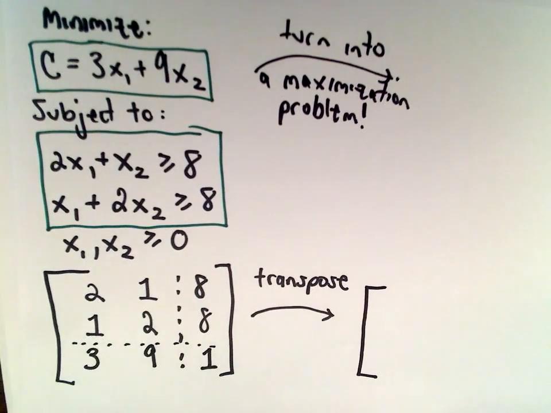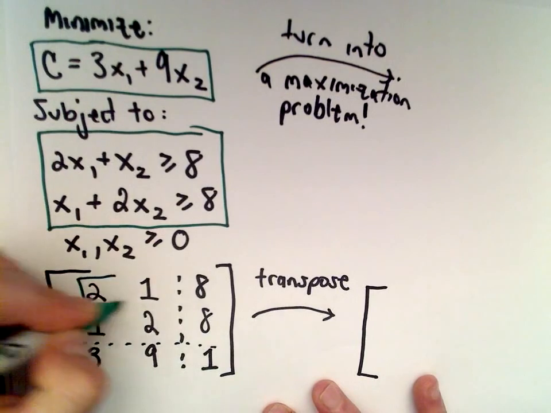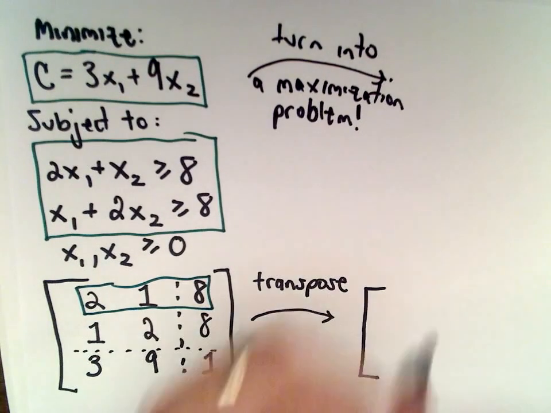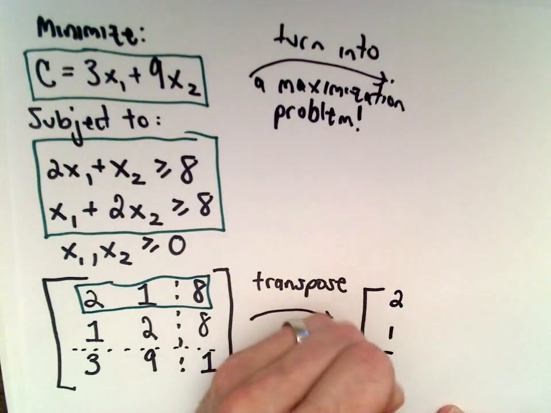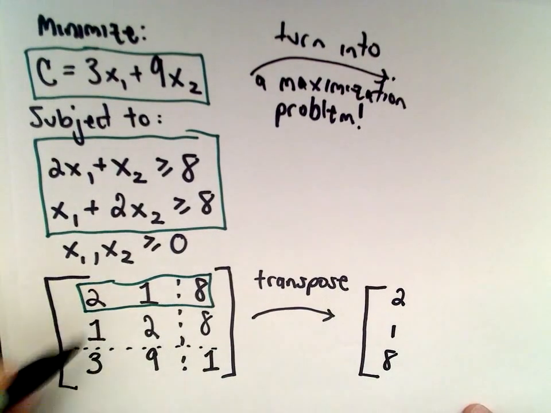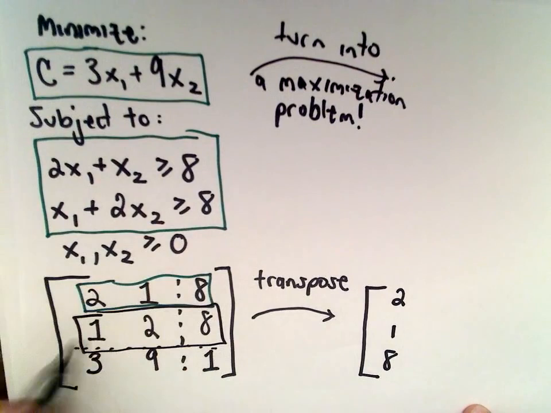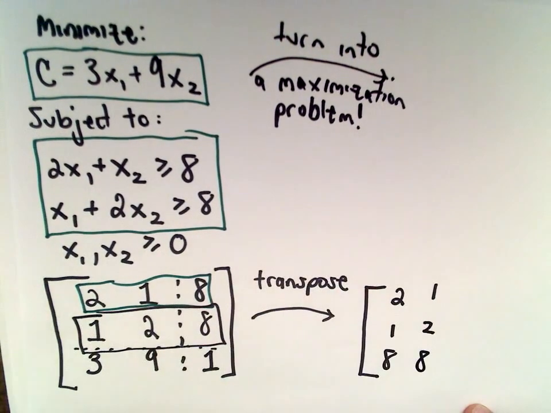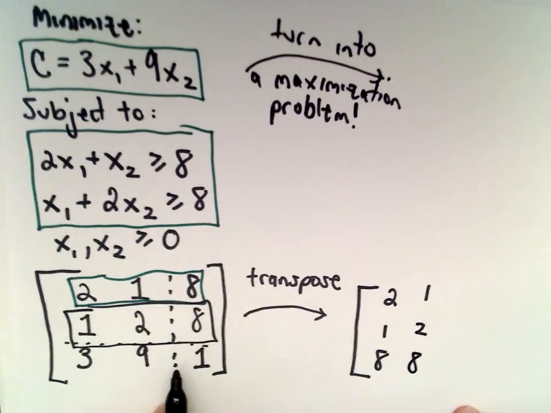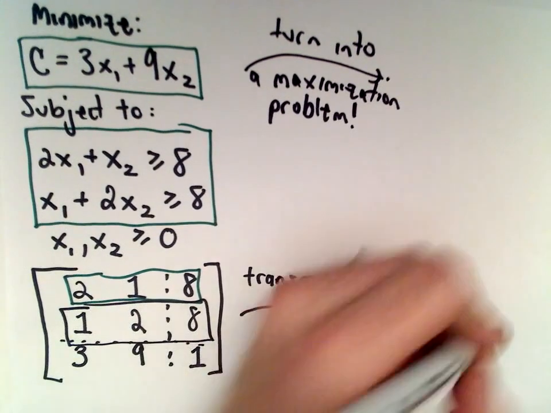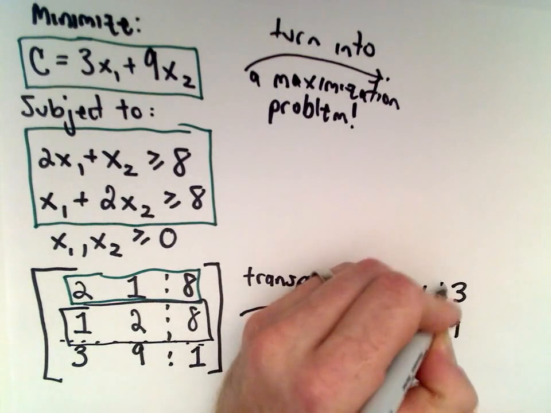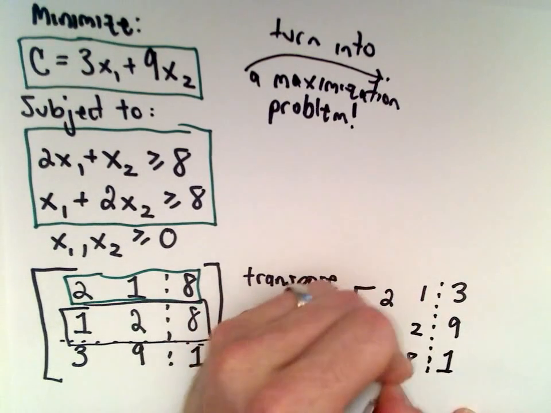My first row had the numbers 2, 1, and 8. That's going to be my first column, 2, 1, and 8. I do the same thing with the second row. Then I've got 1, 2, and 8, so that's going to be 1, 2, and 8. And we'll do the same thing with the third row. That becomes my third column. So now I've got 3, 9, and 1. And you can put your little dashed lines right back in there.